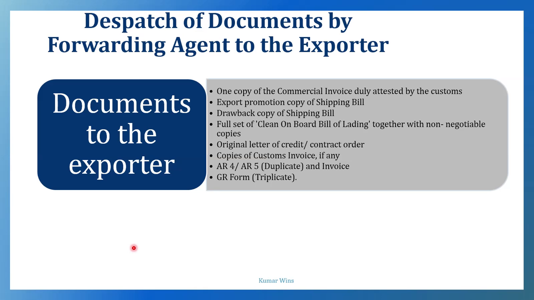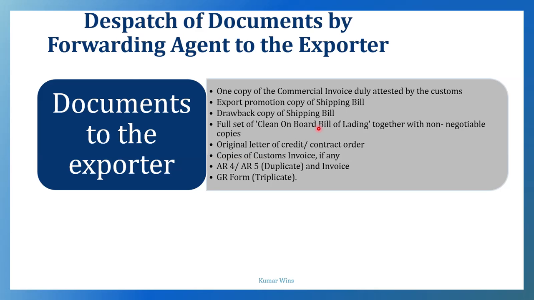One copy of the commercial invoice duly attested by the customs, then export promotion copy of shipping bill, drawback copy of shipping bill, full set of clean onboard bill of lading together with non-negotiable copies. We will see what this clean onboard bill of lading copy is when we discuss different kinds of BL.